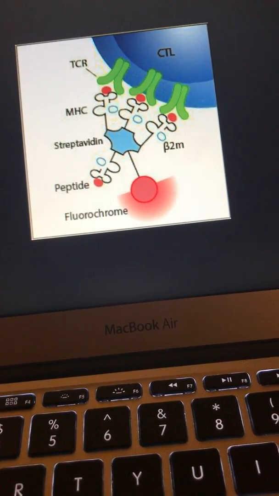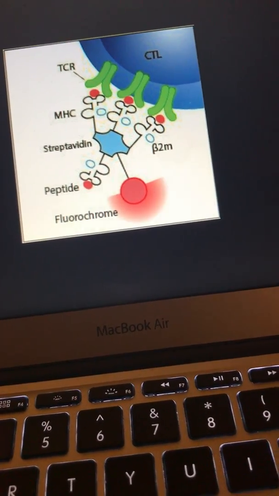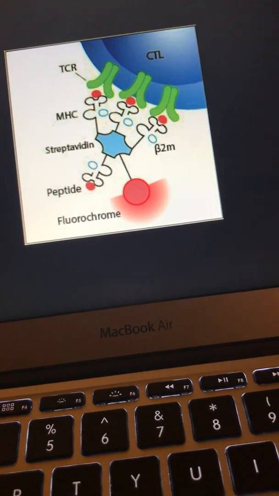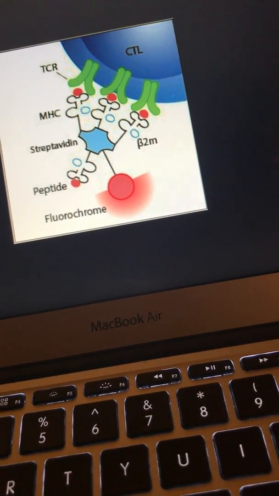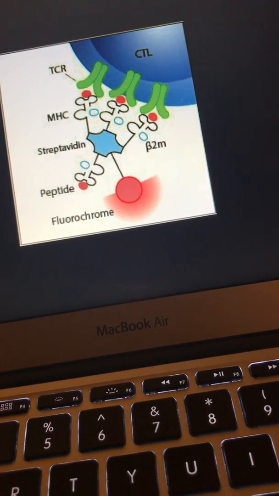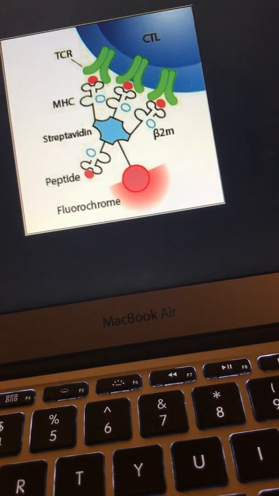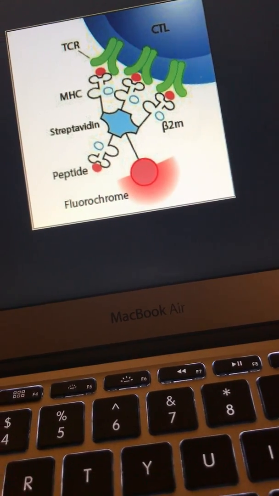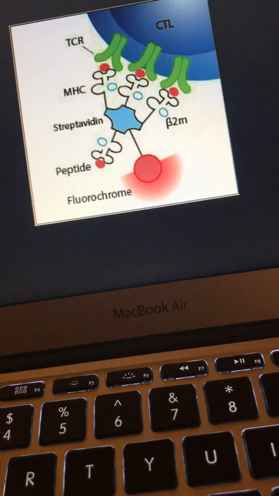The bound tetramers will have stained T cells with the fluorescent molecules, and they will go through a removal of non-bound tetramers and ligands.